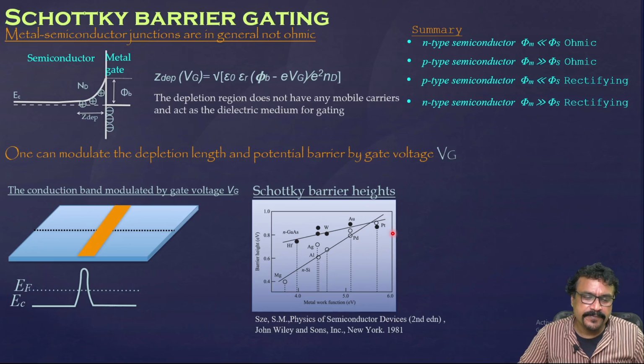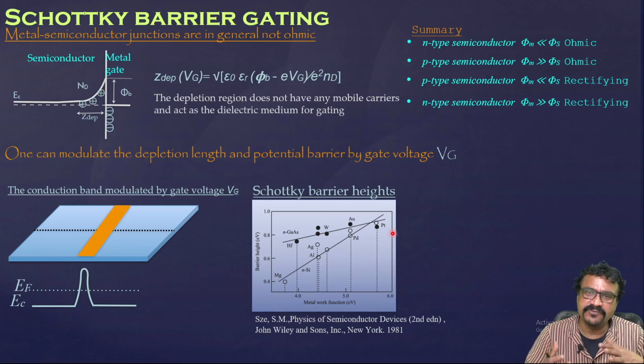So now what you do is you are going to gate this structure. Either it could be dielectric gating, which is what is generally done in conventional MOSFETs. The physics of that I am not going to explain much, but you can also do Schottky barrier gating, which is slightly different.